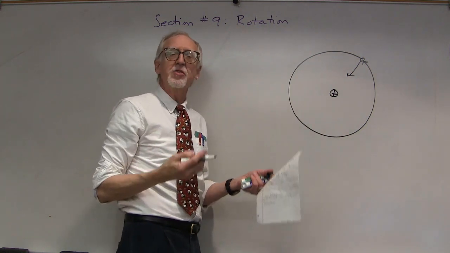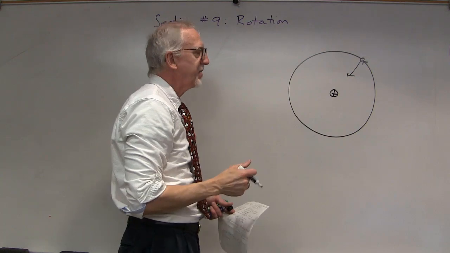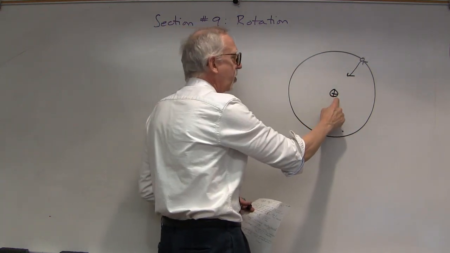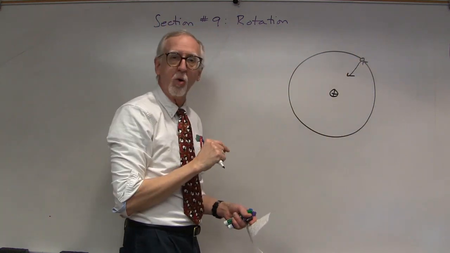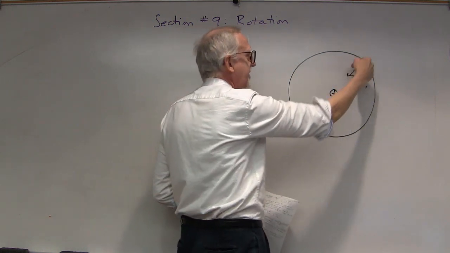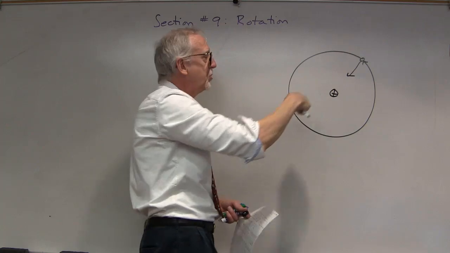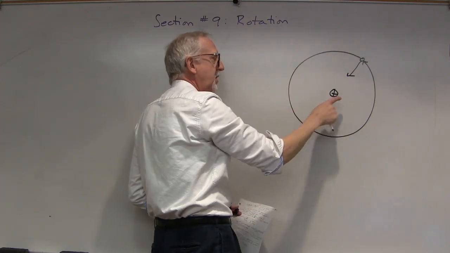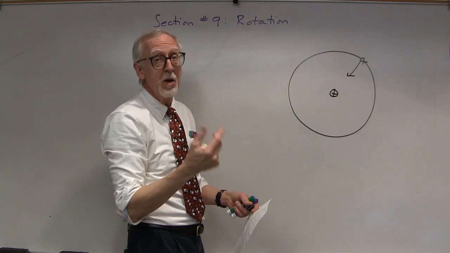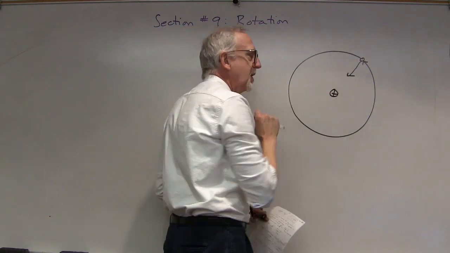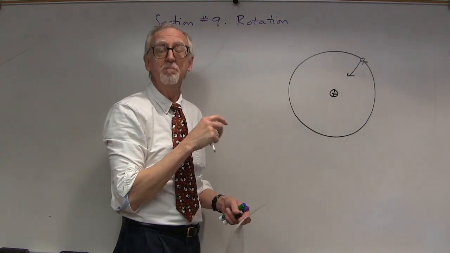Well, it's gravity. It's the gravitational force, the gravitational attraction of the Earth and the satellite toward each other. The Earth attracts the satellite directly towards the Earth throughout the motion, which is always towards the center, so it is a centripetal force. But likewise, the satellite is going to be pulling on the Earth as well.